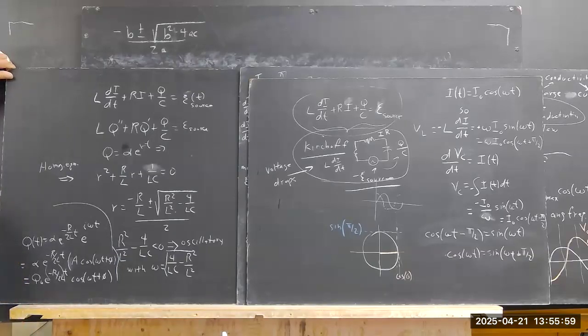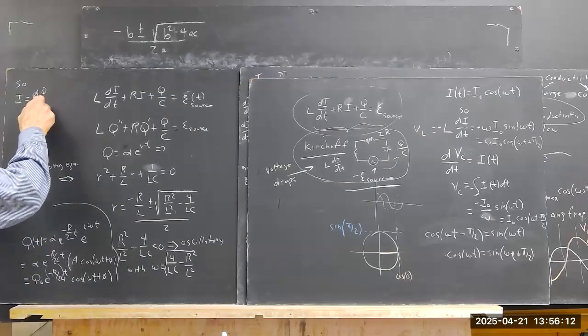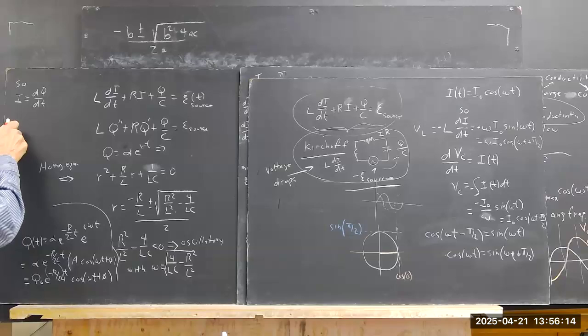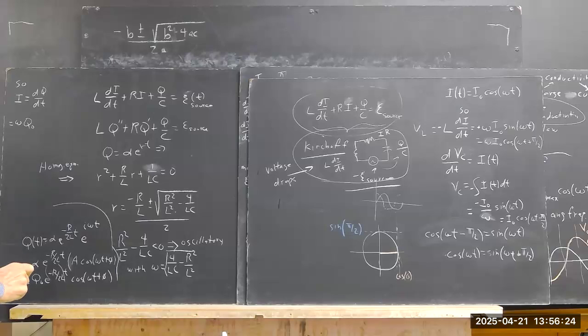Then I equals dq/dt, which is omega q naught.